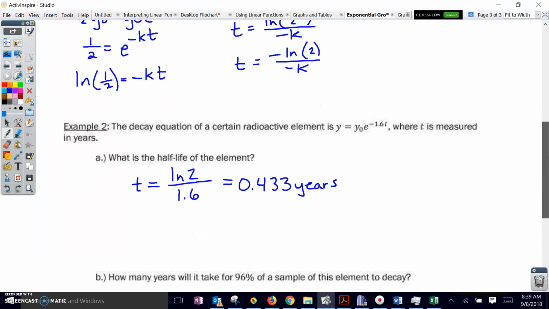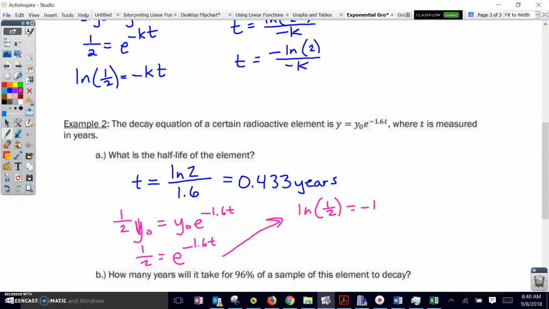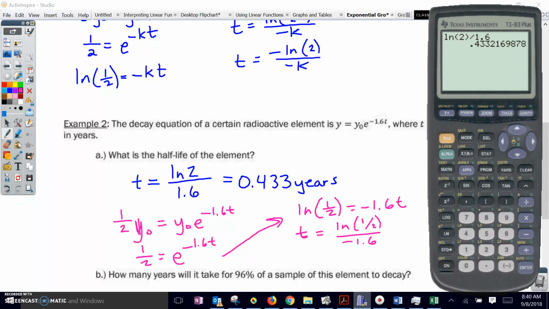And again, I could also have attacked this by just saying, okay, we want to figure out the time when we're down to half of y sub 0, and simplifying that algebraically, the natural log of 1/2 is equal to negative 1.6t, and so t is equal to the natural log of 1/2 divided by negative 1.6, and then I could have calculated that.